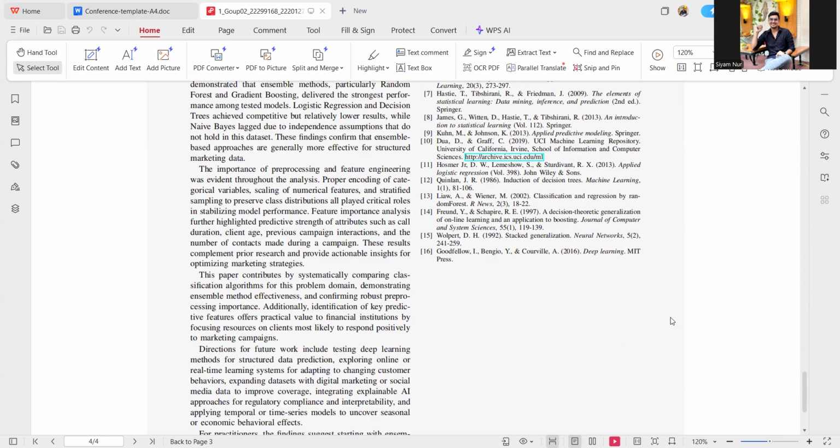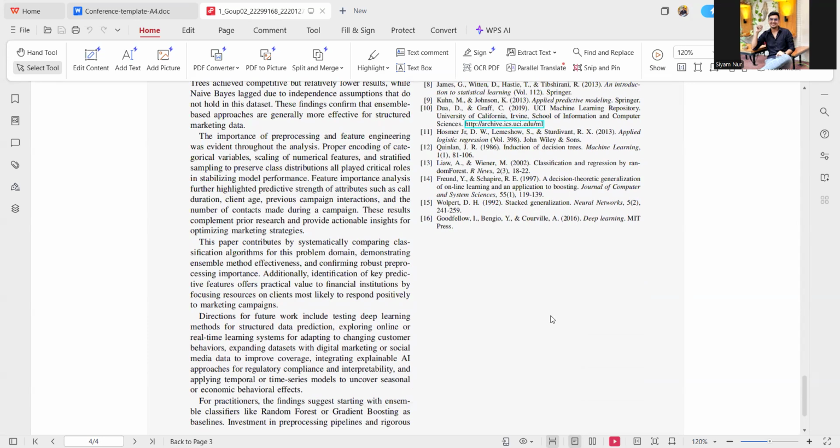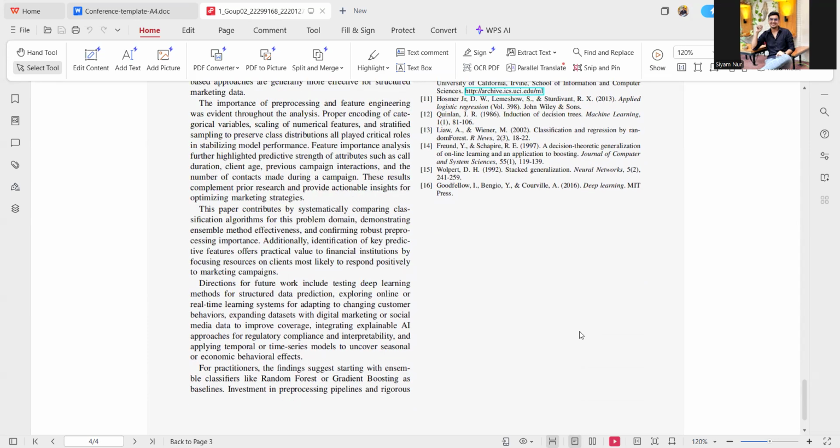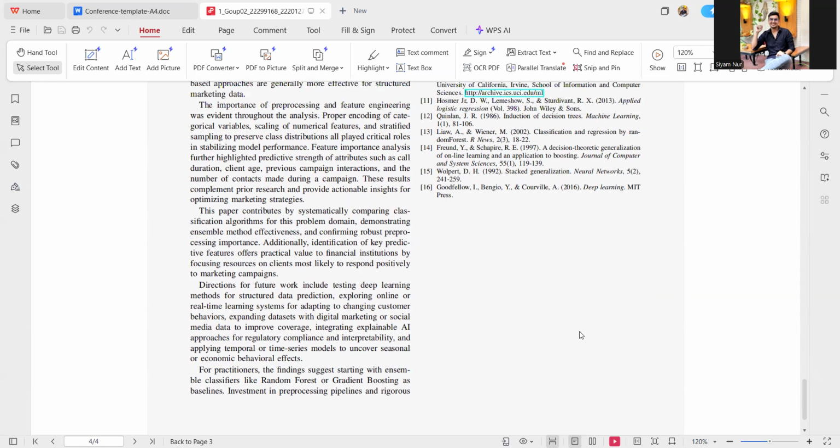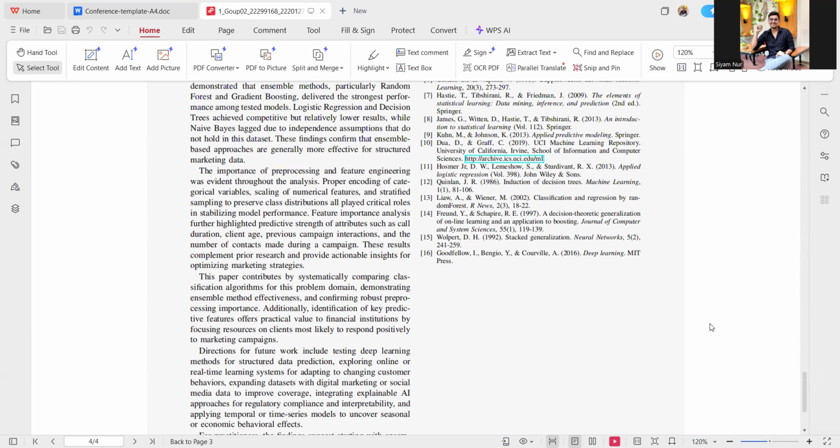Looking forward, there are several exciting avenues for future research. One potential direction is exploring deep learning techniques, which have shown promise in many domains, to see if they can offer even better performance for structured data like this. Another interesting direction is the application of real-time or online learning systems that could adapt to changing customer behavior over time.